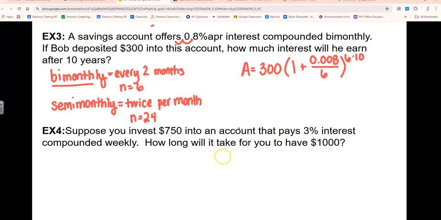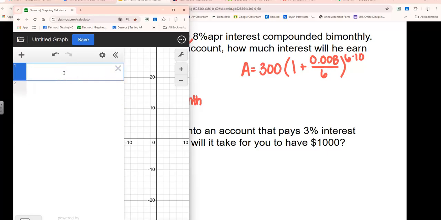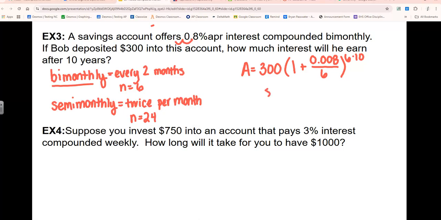All right, so if we put that into Desmos, we are going to get 300 times 1 plus 0.008 divided by 6, to the 6 times 10. And so we've got $324.97.